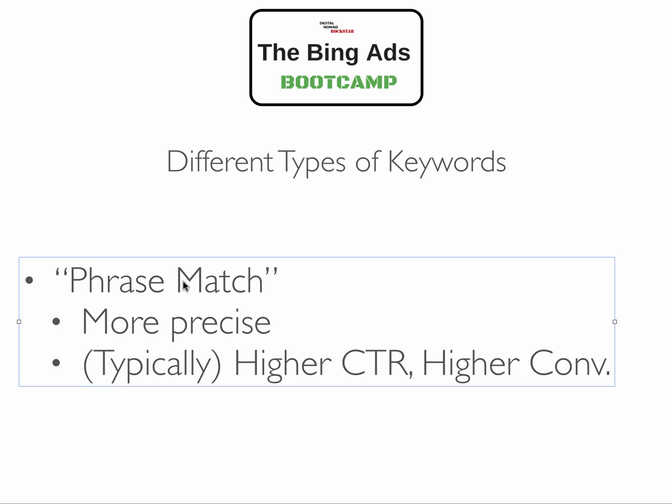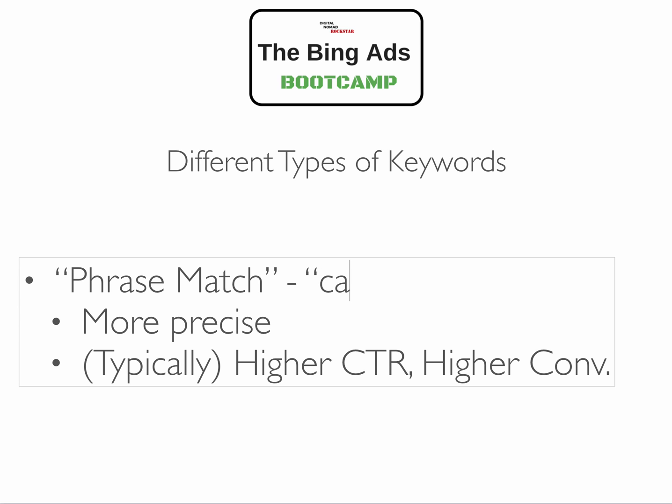Okay, so phrase match is different. I put it in quotes because that's how you put it into your keywords. If you're building your keywords, then you would say "car parts." What we often do is use a cool tool that I'll show you later that does this really fast and automatically.